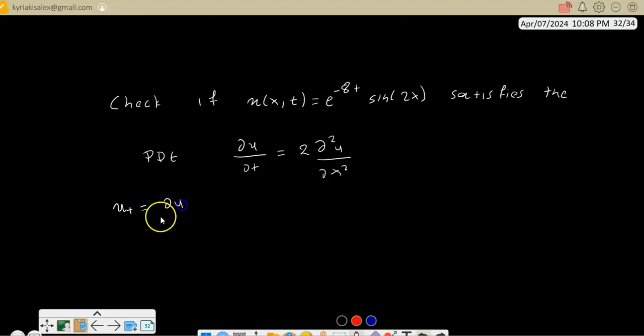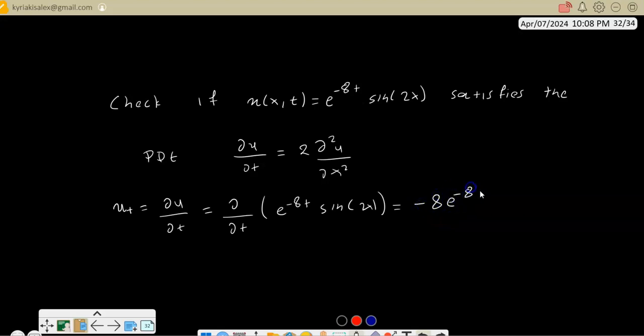The partial derivative with respect to t of this function is the following. It's the partial derivative with respect to t, so I differentiate only this term here, is minus 8 e to the minus 8t sine 2x.